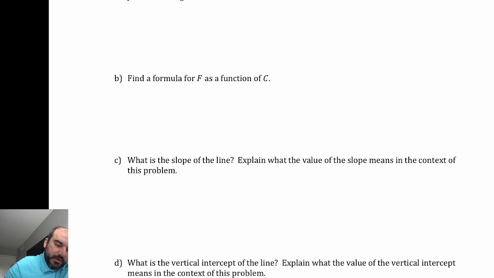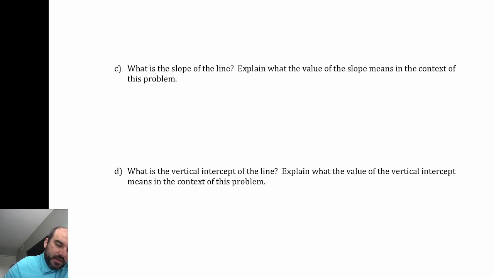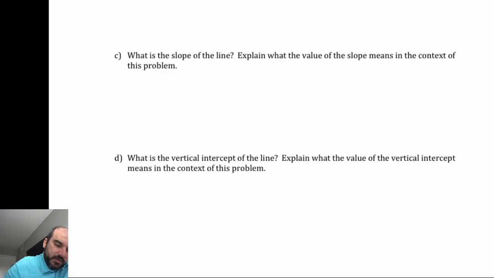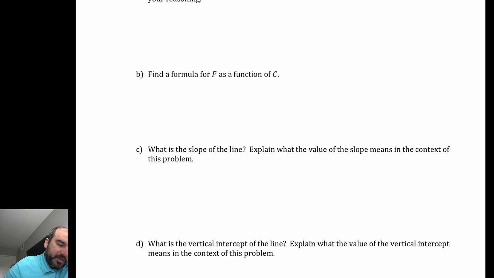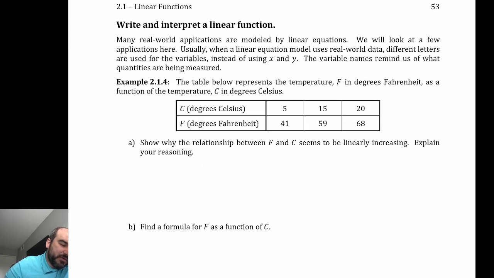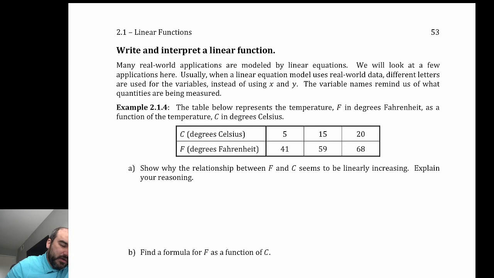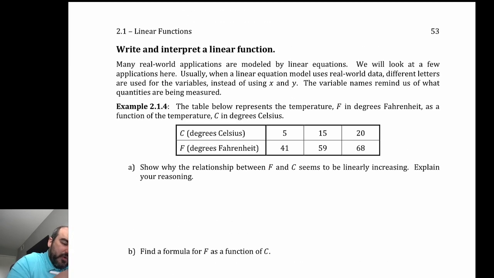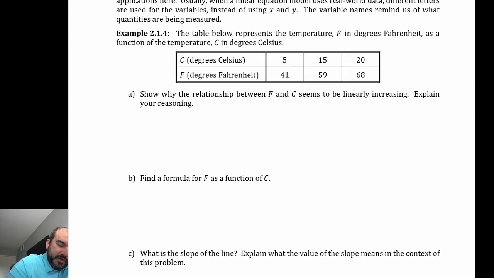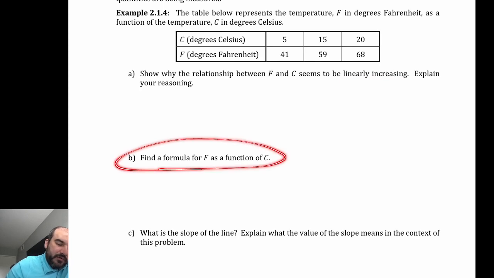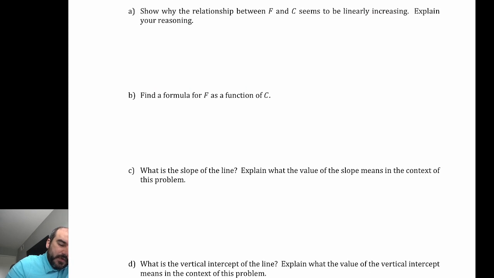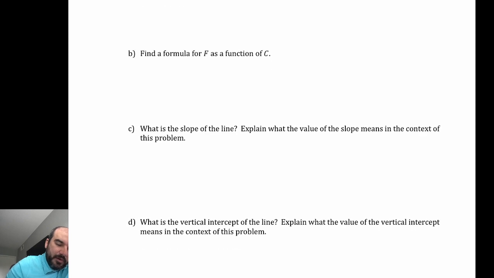I think you can work through this together. Once you've done parts A and B on this one, so make a note on this one, you should be able to do parts A and B on example 2.1.4. After you've explained why this looks like it's a linearly increasing function, and you find a formula for f as a function of c, then you may need some help with what the slope means in the context of the problem.